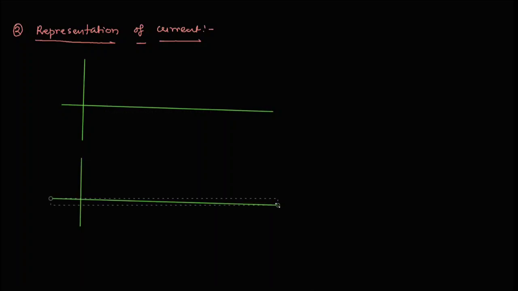The first one is time varying representation, in which we are representing current and voltage as a function of time in the form of a sine graph. So this one we are marking as graphical representation.